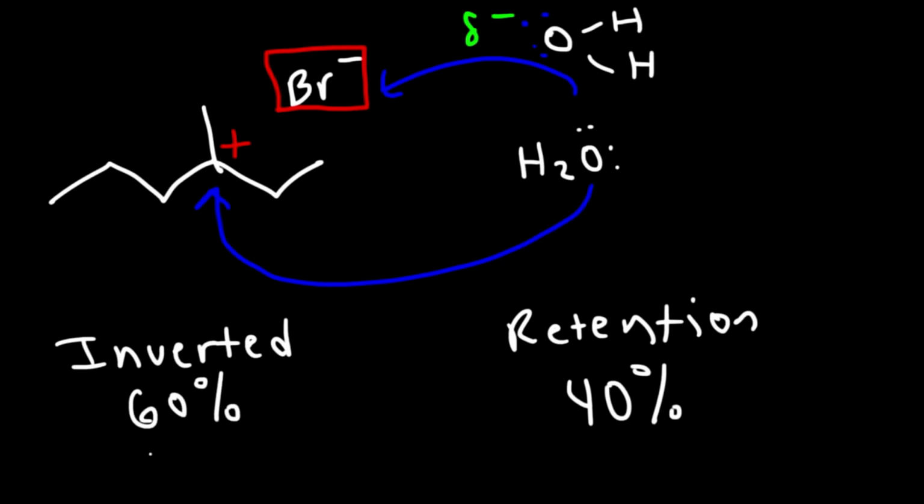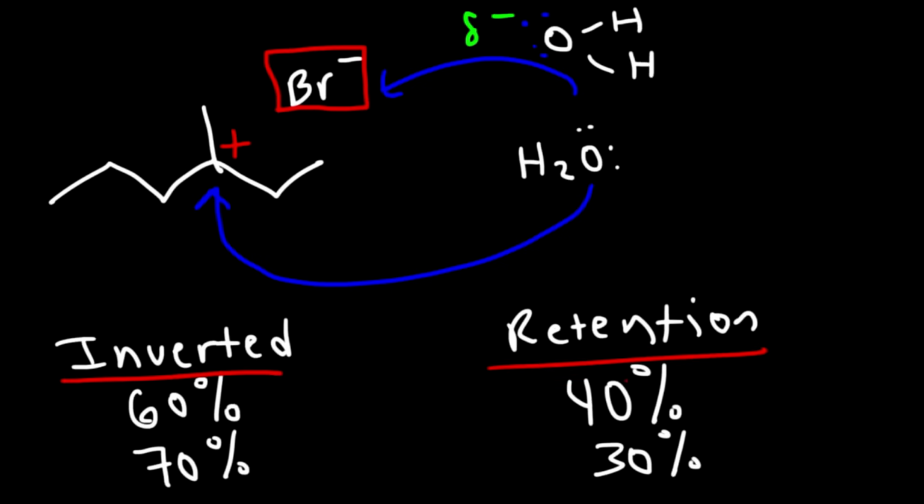It could be a 60-40 ratio, and in some cases a 70-30 ratio. You still get a mixture of these two stereoisomers. However, you do get more of the inverted product than the retention product. Now let's finish the mechanism for this reaction.